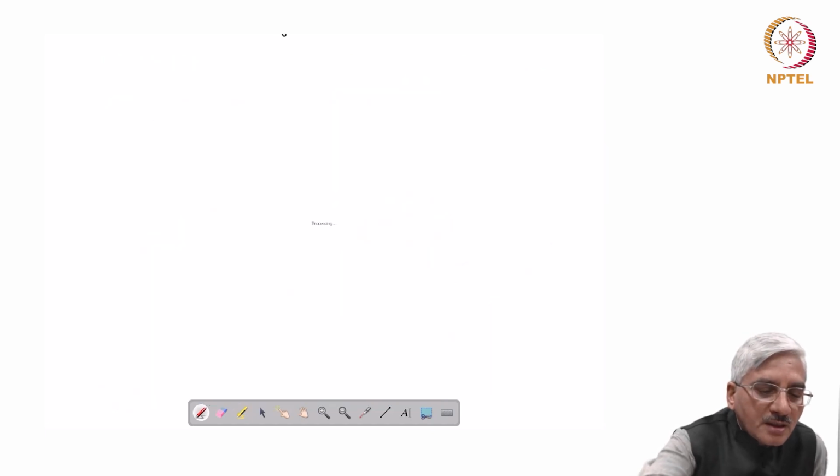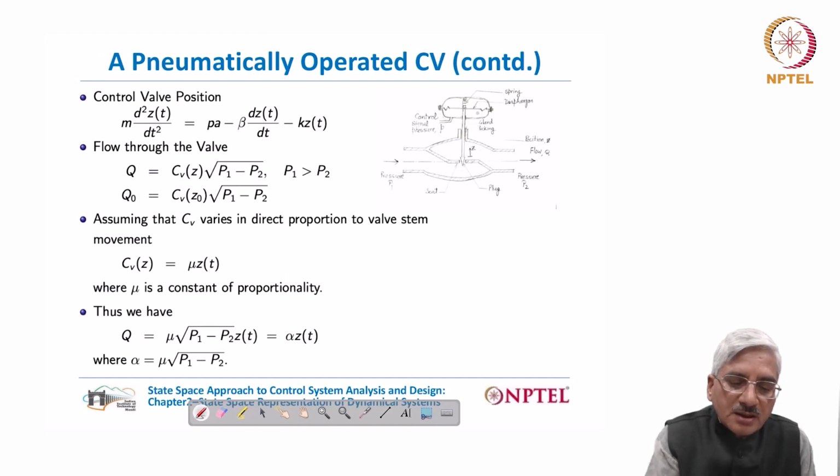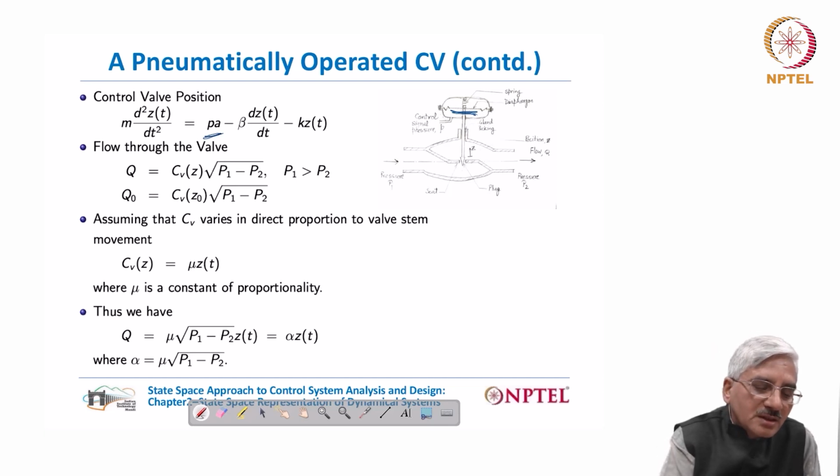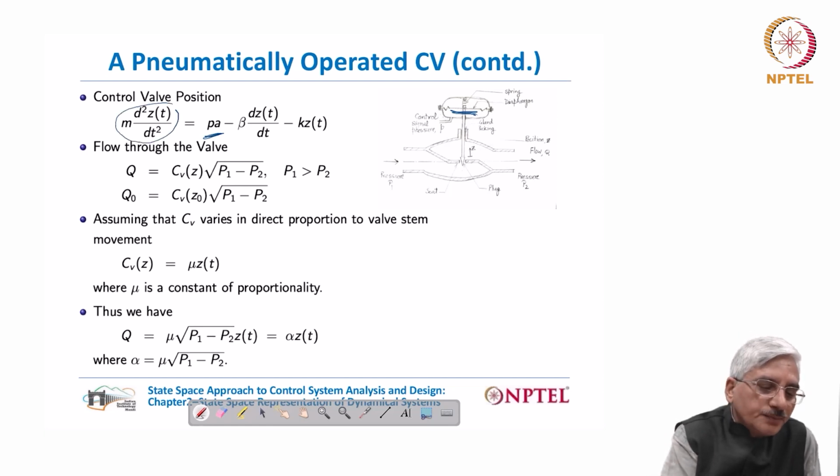So we consider its mathematical modeling, which is fairly simple. Basically, as I was explaining, this air pressure in this side of the diaphragm results into a force on the diaphragm, and that force will result into the motion of the stem. So the three forces other than that control force, which is P times A represented here, are: one is the force of inertia.